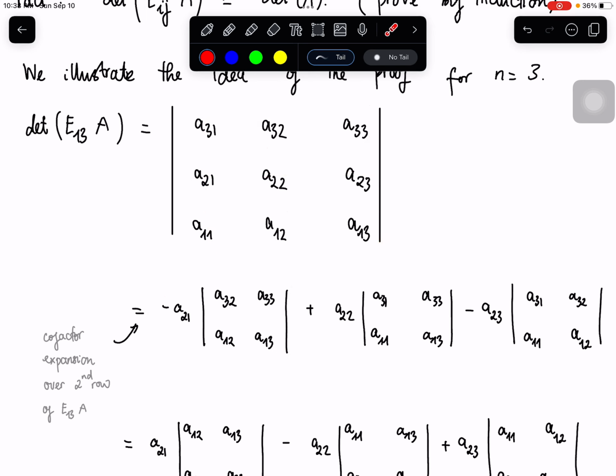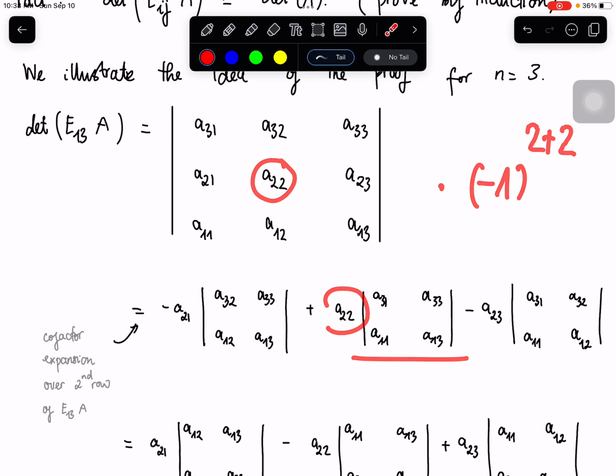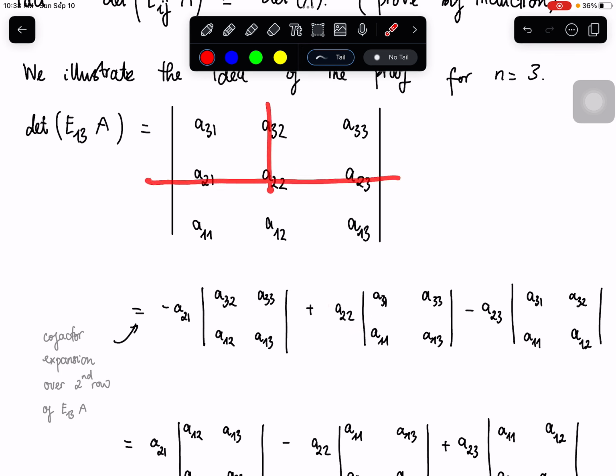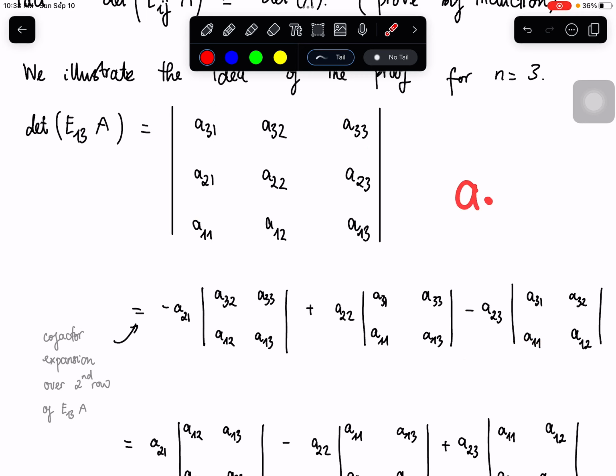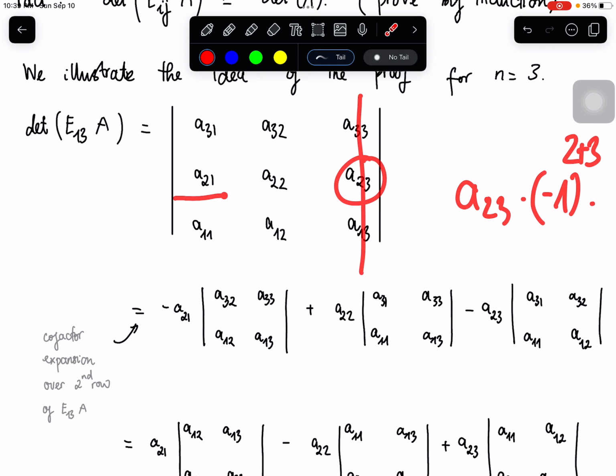Similarly, we do the same: A22 times minus 1 to the power 2 plus 2, so it's plus 1, times the determinant of the matrix after we delete this row and this column, A31, A33, A11, A13. And the same: minus A23, because A23 times minus 1 to the power 2 plus 3, times the determinant of this matrix. So these are 2 by 2 matrices.